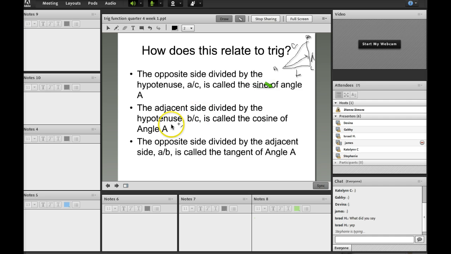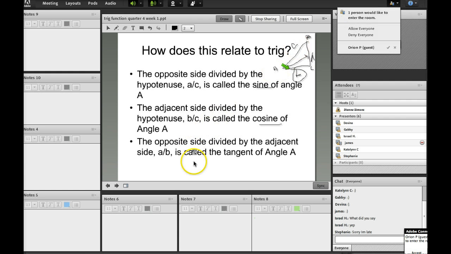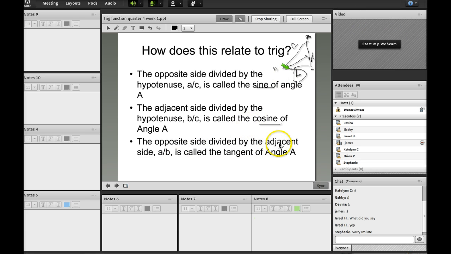For angle A, if you want the cosine, it's the adjacent side. The adjacent side is the side that's right next to it, and again, it's divided by the hypotenuse. And the tangent is opposite divided by adjacent. So it's up here, A divided by B.